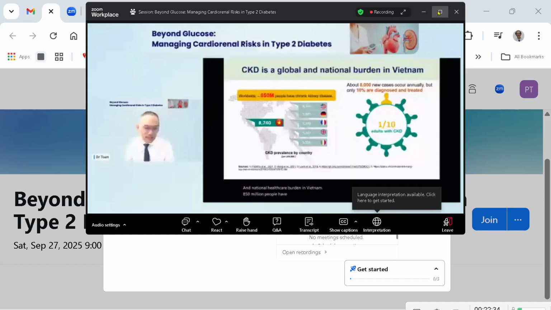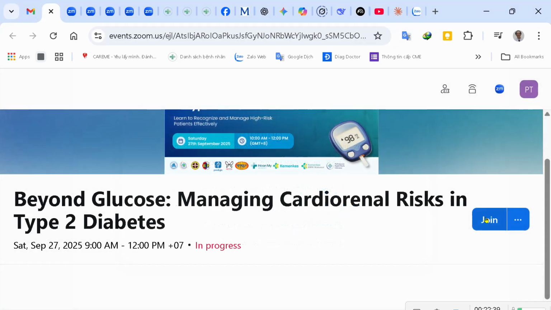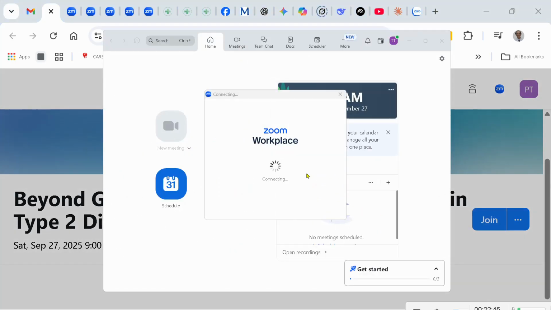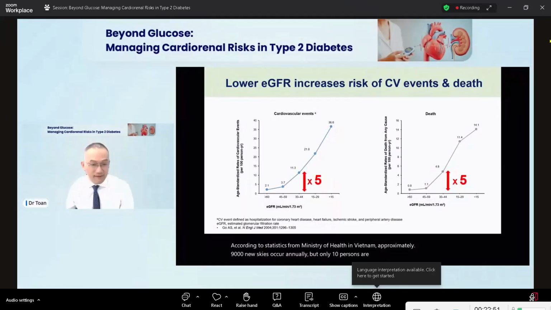According to statistics from Ministry Recording in progress. high-risk security is associated with increased risk of cardiovascular events and deaths, as shown on the slide. Patients with reduced kidney function can have up to 5-fold higher risk compared to those with normal eGFR.